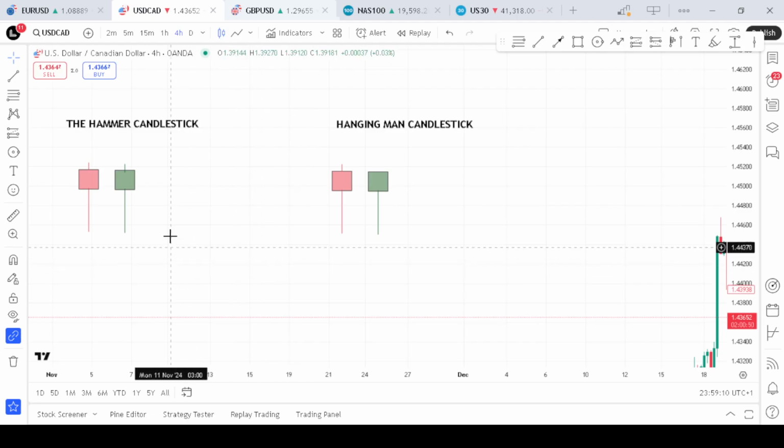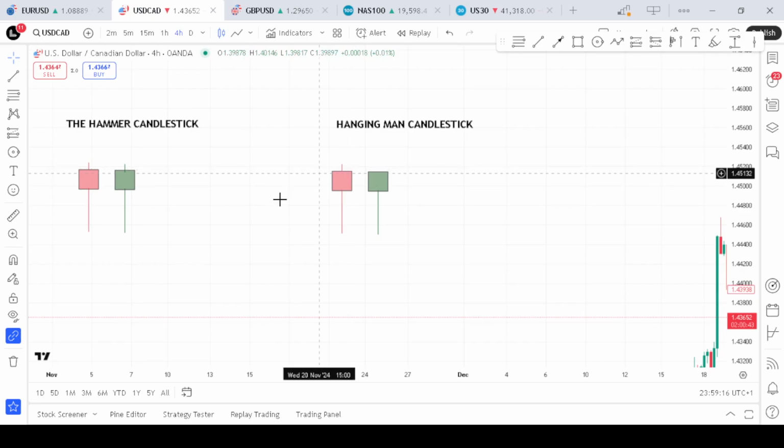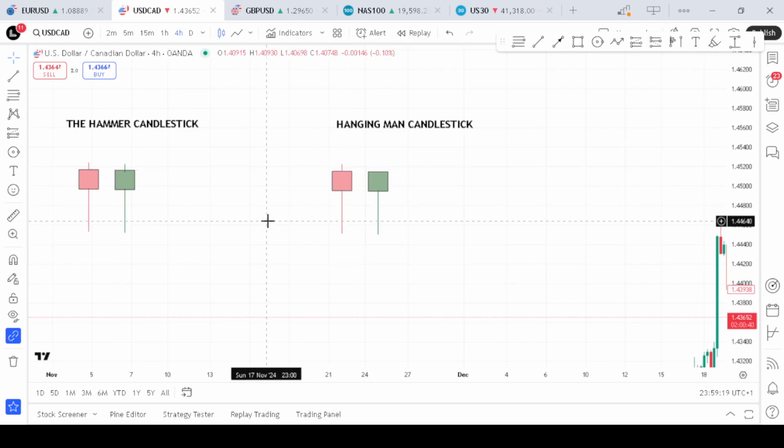Now, those are the key differences. Now that we have visually compared the hammer candlestick and the hanging man candlestick, let's dive deeper into some key differences. While they may look similar, it is the different context and what each signals about the market sentiment that truly separates them. Now, the market context: the hammer forms at the bottom of a downtrend.